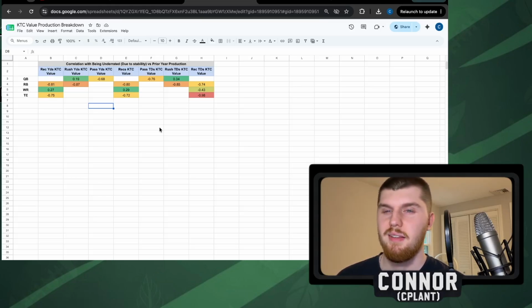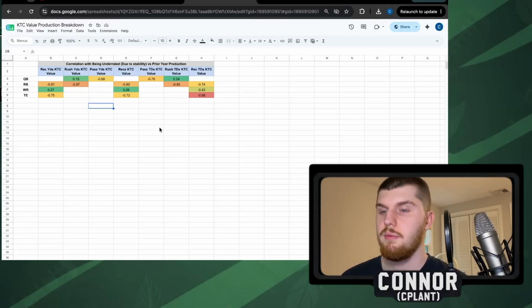Which seems odd. It seems very odd that the market wouldn't be pricing in receiving yards and receptions properly. But it might be true simply based off of the fact that those stats are very stable. They're some of the most stable stats we have, right?